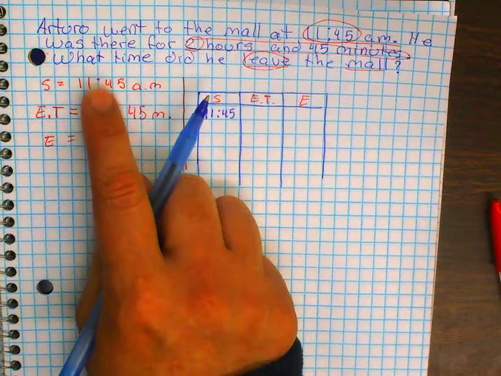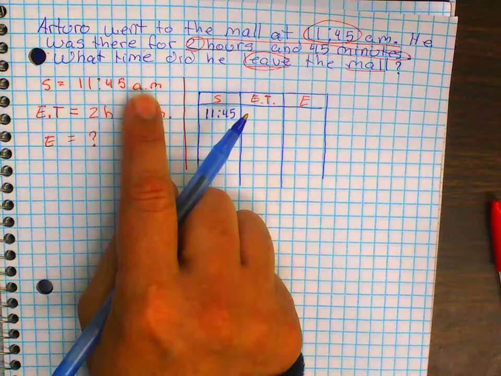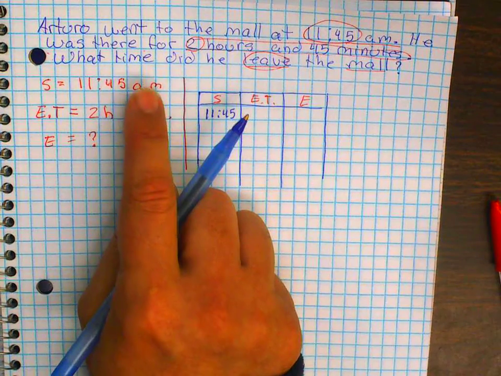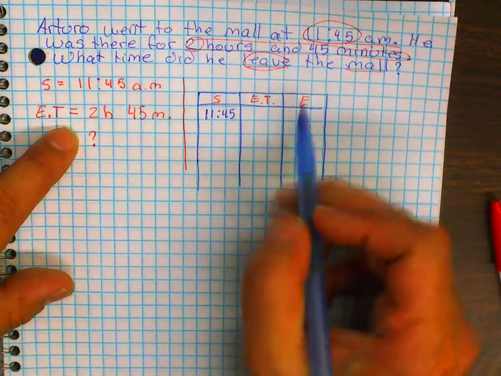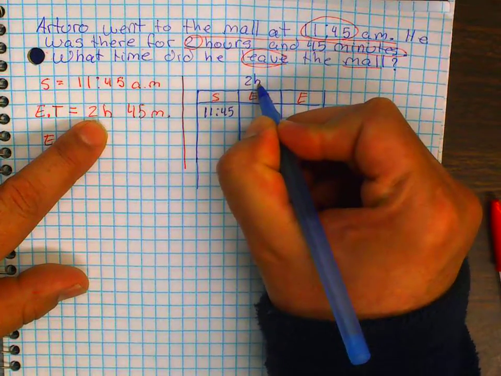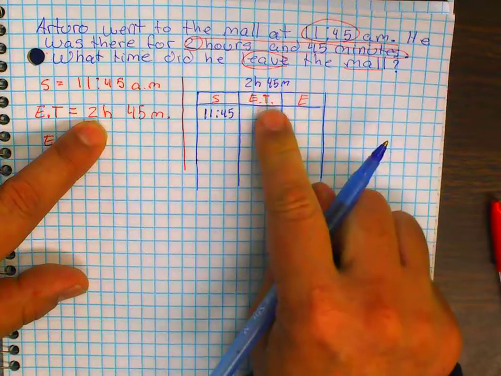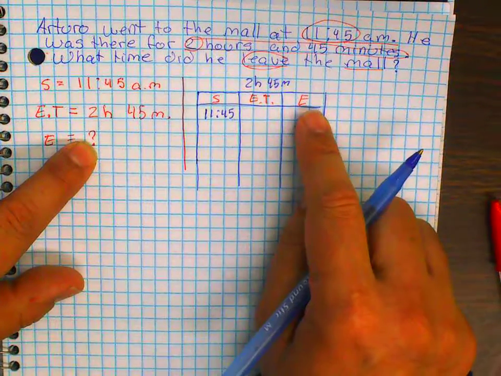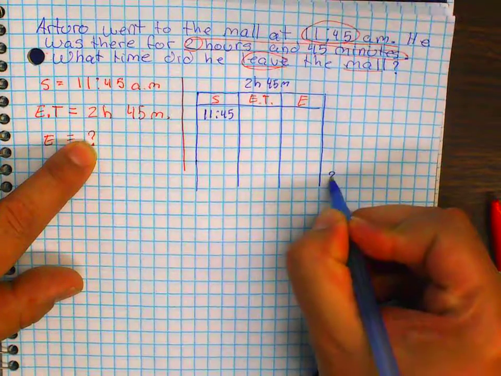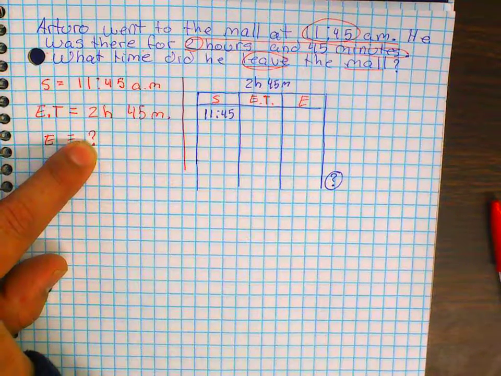So I need to keep an eye on that because I'm going to end up changing my AM to PM. Okay? Do I know my elapsed time? Yes, that's 2 hours, 45 minutes. And then do I know my ending time? No. So I'm going to put my question mark out here because I don't know that time.